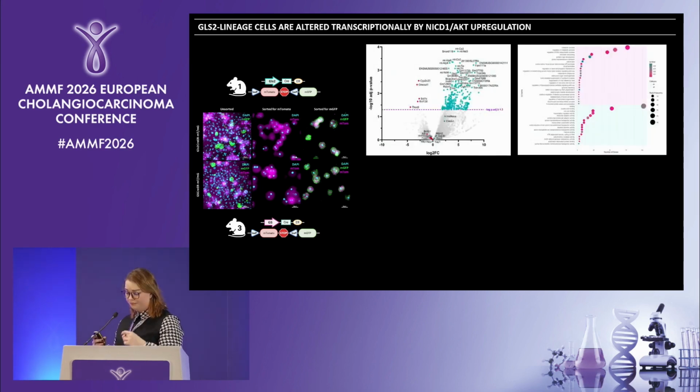And in the zone 1 cells, the Notch and AKT treatments induced extensive transcriptional rewiring, with biliary progenitor cell associated genes, including the progenitor genes, being upregulated, the hepatocyte identity genes being downregulated, and there were also pathways including cell cycle, DNA repair, chromatin remodeling, and mitochondrial functioning being enriched.